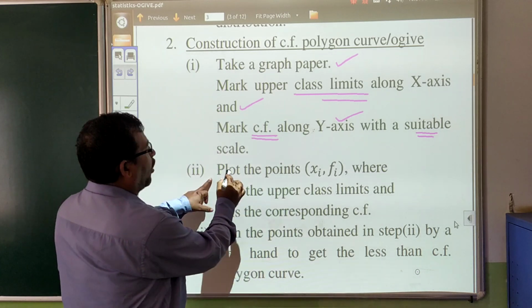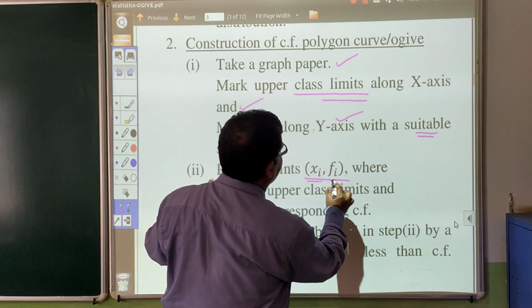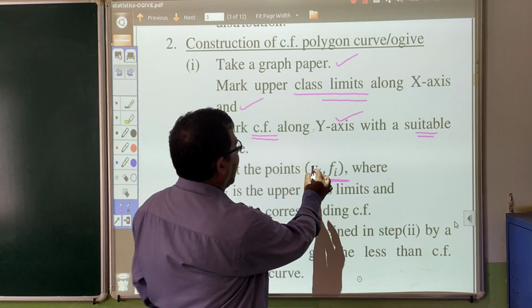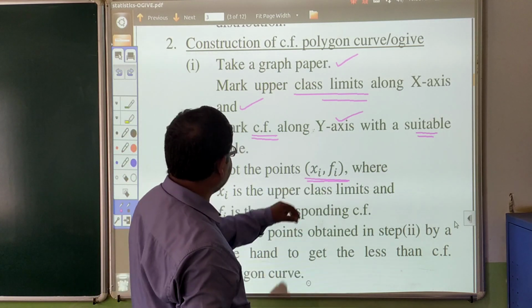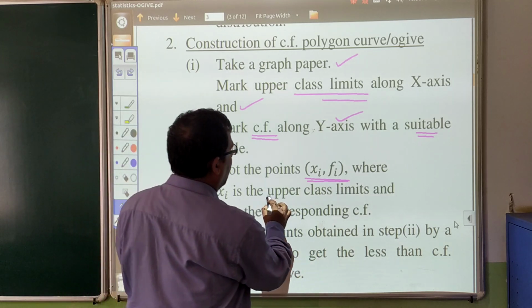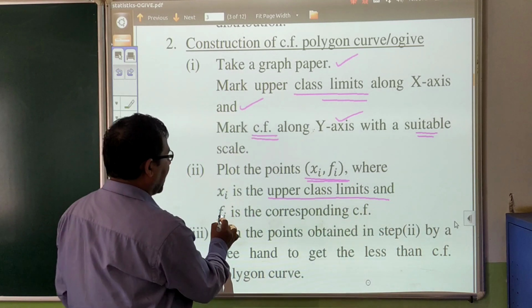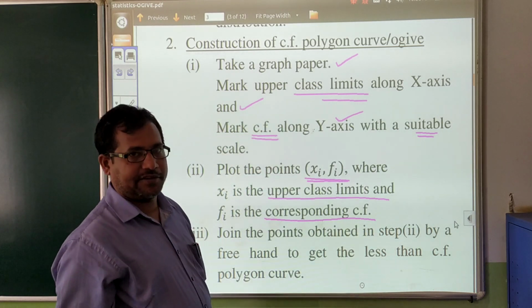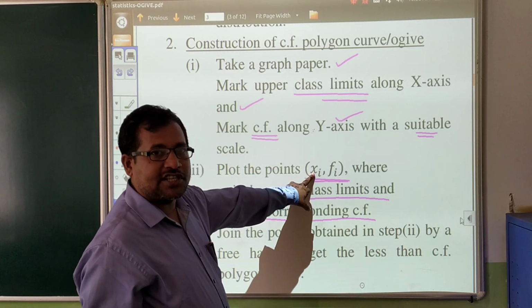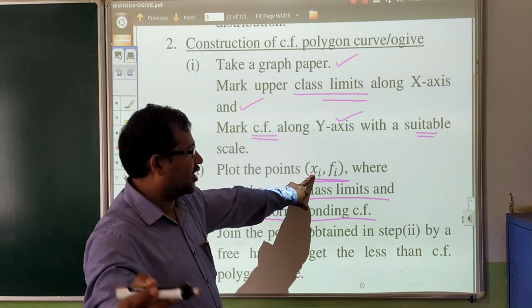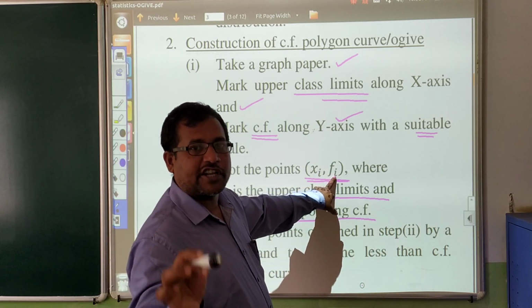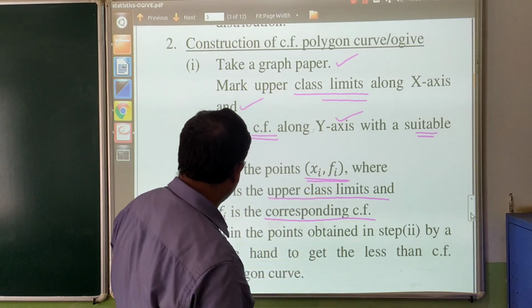Then plot the points (xi, fi). Xi is the upper class limit and fi is the corresponding cumulative frequency. So abscissa should be the upper class limit and the ordinate will be the corresponding cumulative frequency.